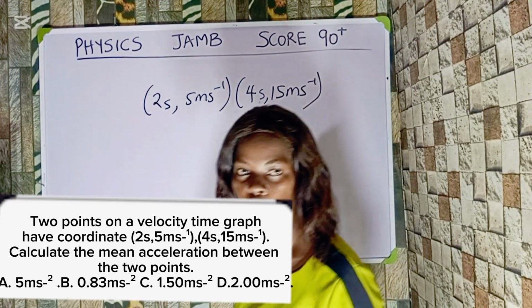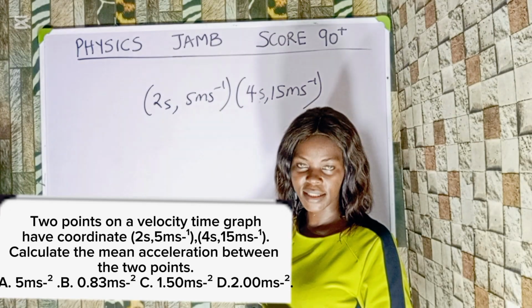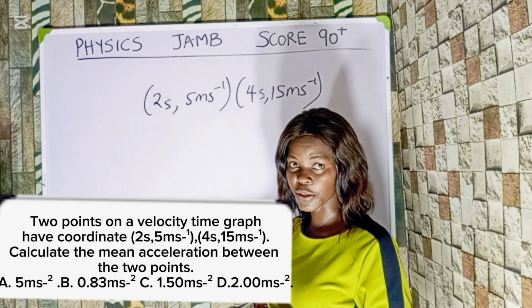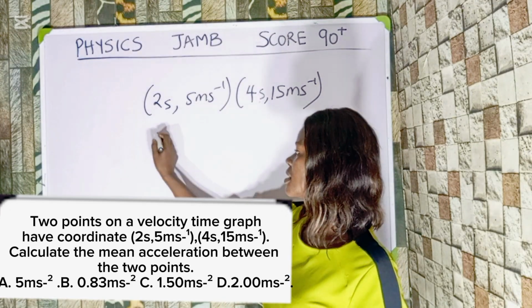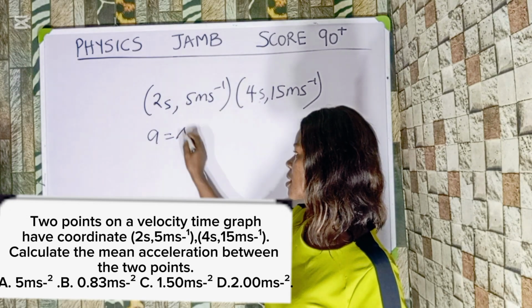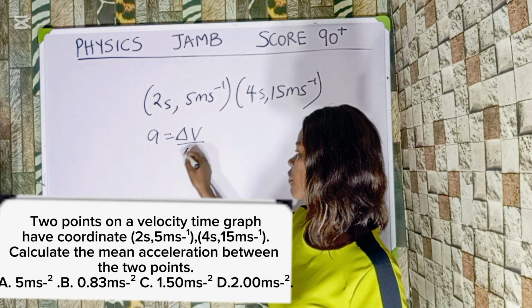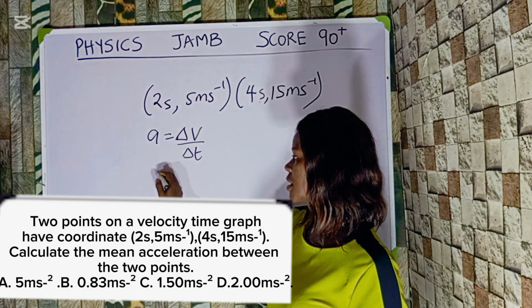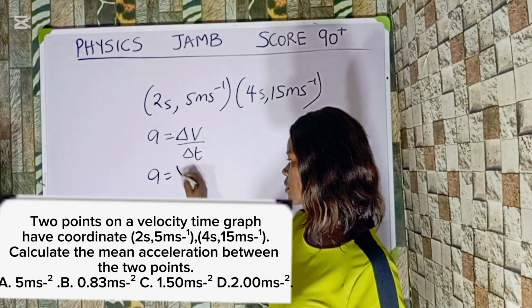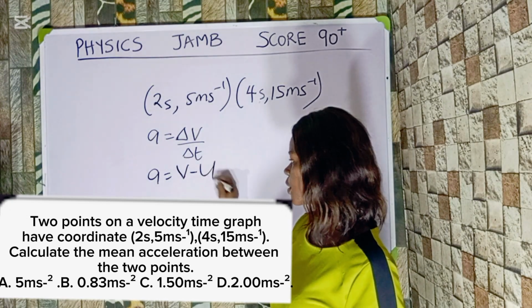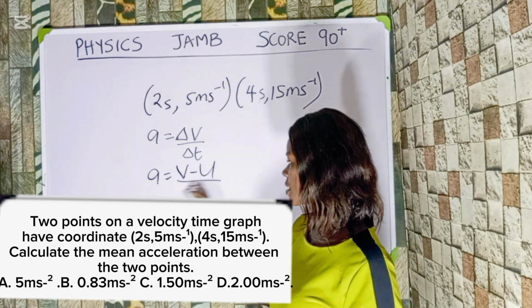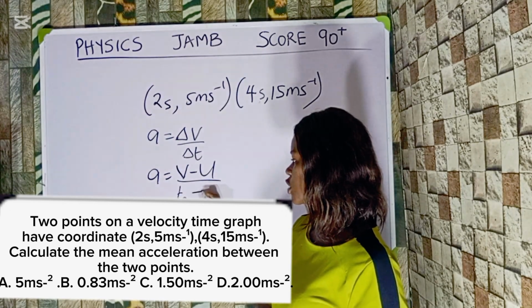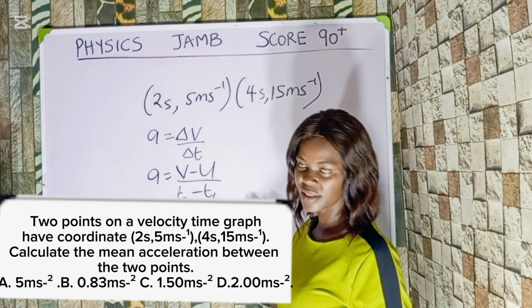Now if you remember that acceleration is change in velocity over change in time, so let's go. So what is my change in velocity? A is equals to final velocity minus initial velocity over the change in time, which becomes t2 minus t1. As simple as that.